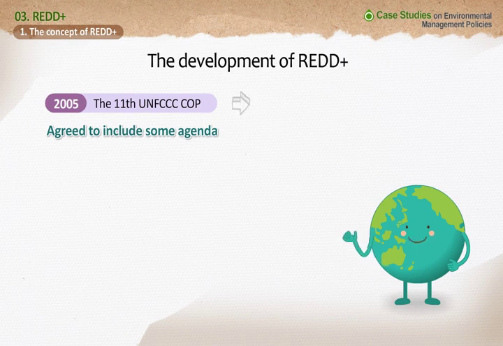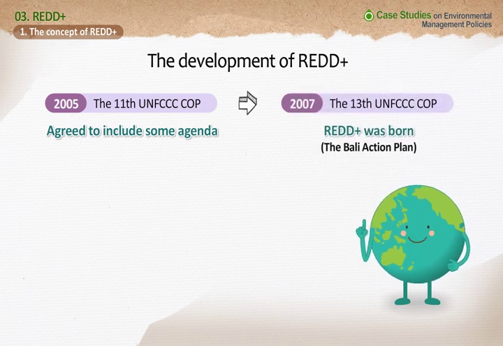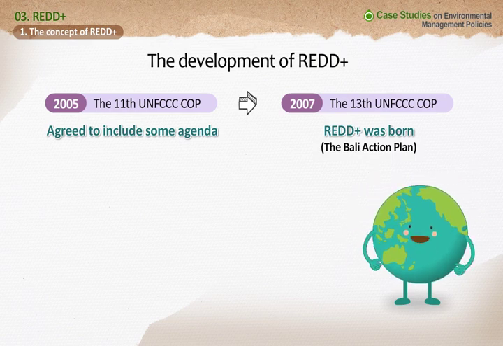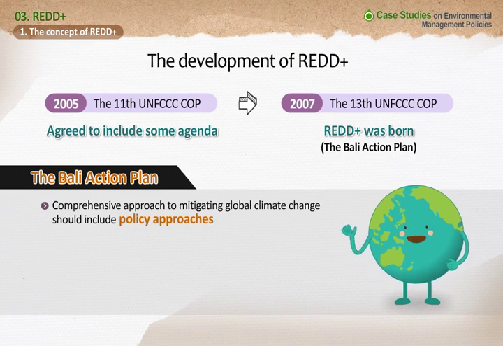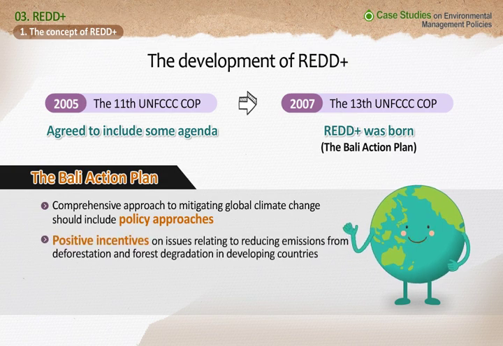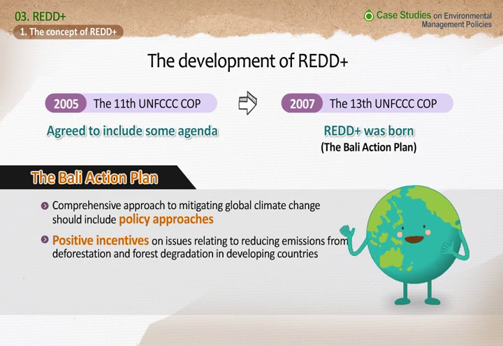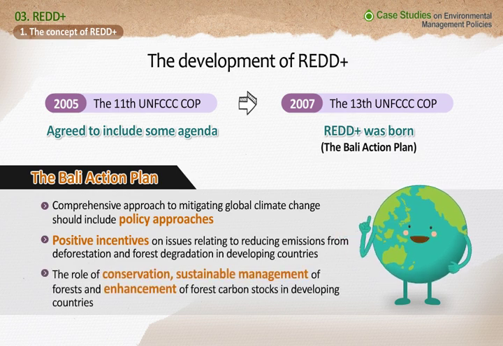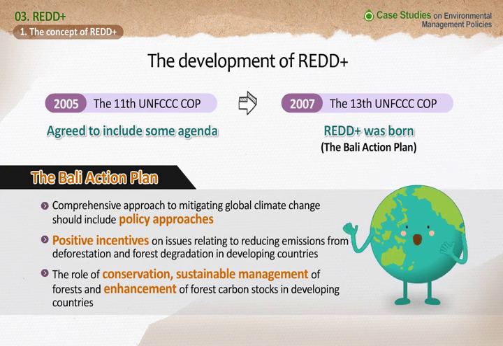2 years later, at the 13th UNFCCC COP in Bali in 2007, REDD+ was born. In what is known as the Bali Action Plan, the 13th COP stated that a comprehensive approach to mitigating global climate change should include policy approaches and positive incentives on issues related to reducing emissions from deforestation and forest degradation in developing countries, and the role of conservation, sustainable management of forests, and enhancement of forest carbon stocks in developing countries.